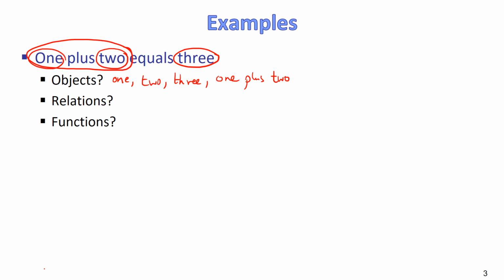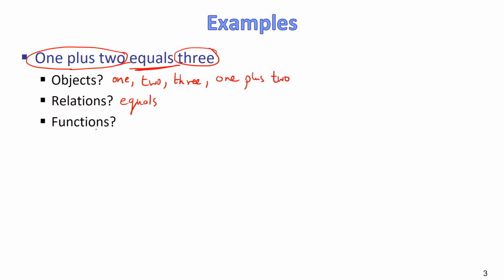How about relations? What are the relations that we have in this sentence? We have equals. Equals relates 2 objects together and says that these 2 objects are the same. So equals is a binary relation. It relates 2 objects and says whether these 2 objects are the same or not.